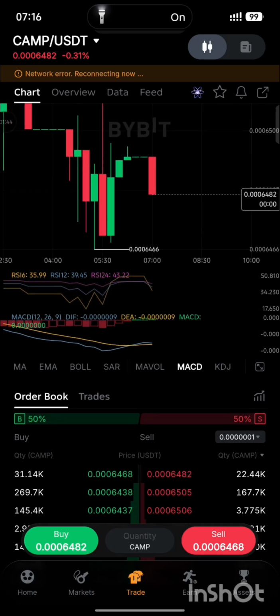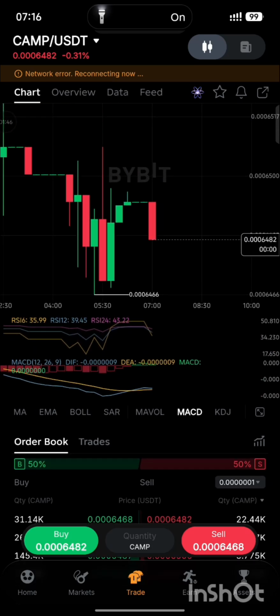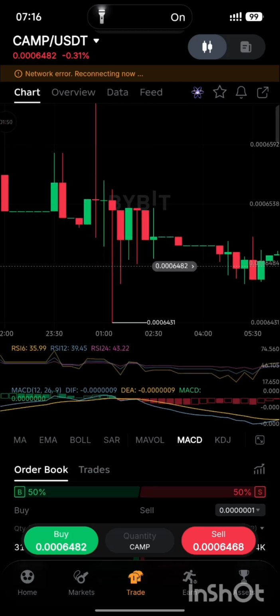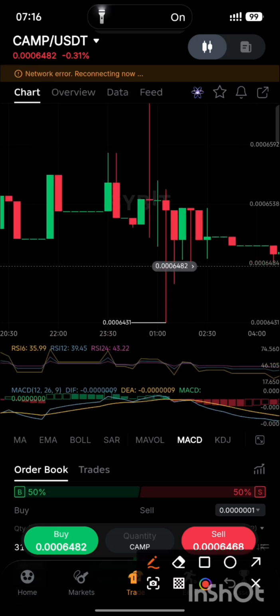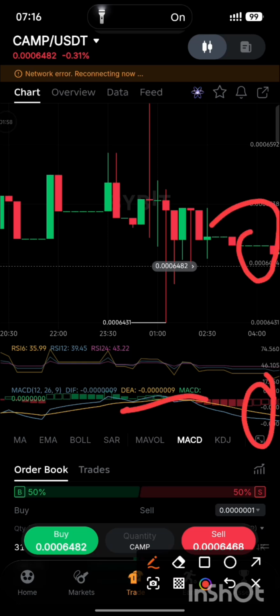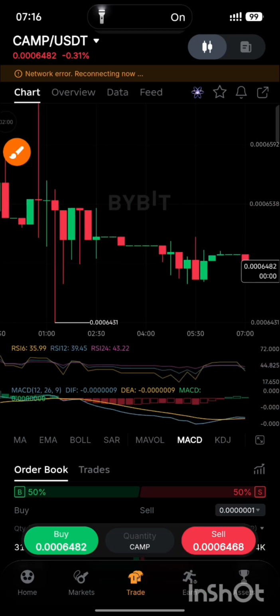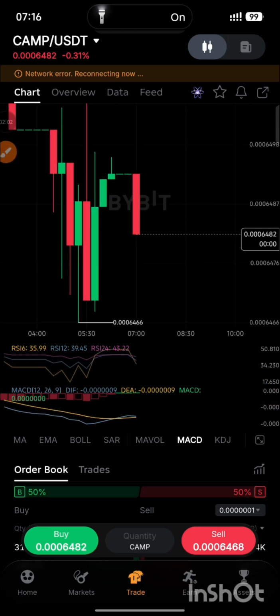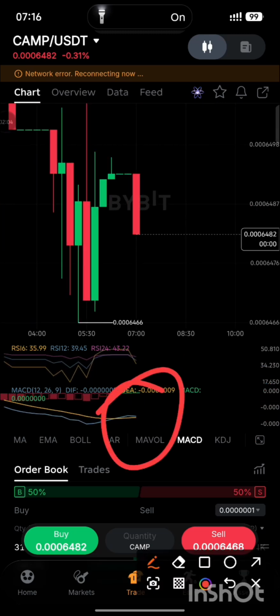Now you can see it's actually about to cross here, but not fully. It has not really defined its direction.